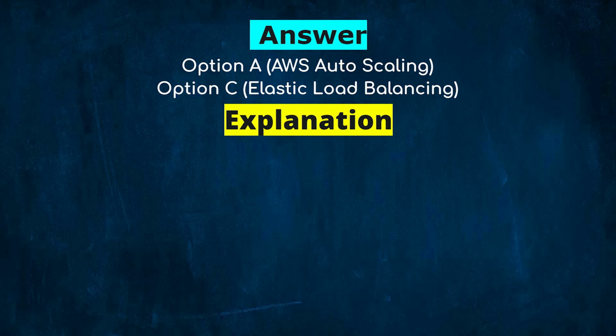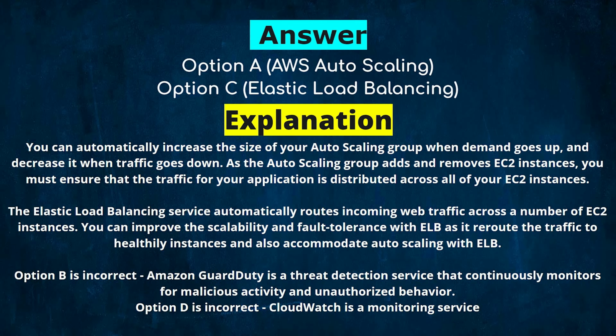Explanation. You can automatically increase the size of your Auto Scaling group when demand goes up and decrease it when traffic goes down. As the Auto Scaling group adds and removes EC2 instances, you must ensure that the traffic for your application is distributed across all of your EC2 instances. The Elastic Load Balancing service automatically routes incoming web traffic across a number of EC2 instances.